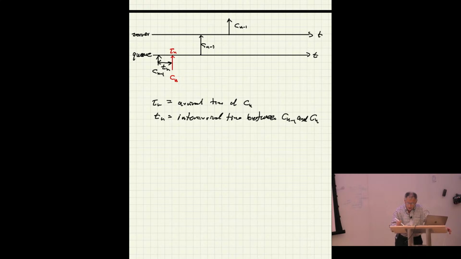So let's mark that in red because he's the red customer. And that means I can do something else as well. I can label something here. Let me get a straight line here. That means that this interval that I'm drawing right here, what does that interval mean physically?